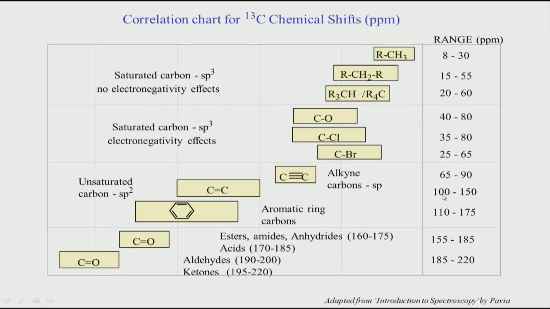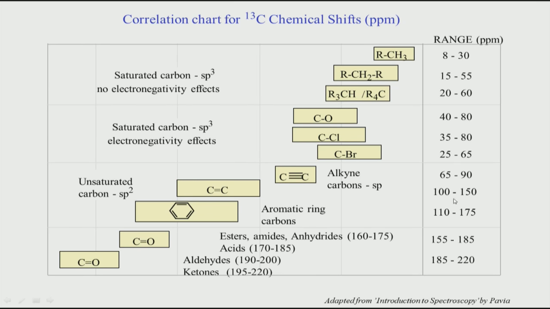Then after this 100, 105 start the C double bond C carbons, and the very popular one in chemistry we come across is the aromatic rings. Aromatic rings come very prominently between 110 to 150, typically 115 or 120 to 150.